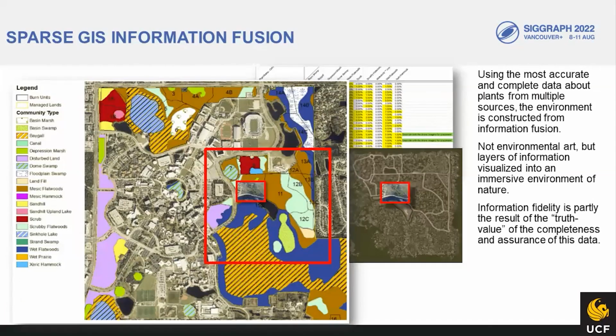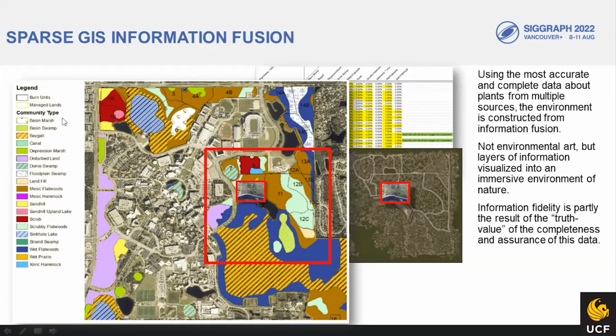How did we do this? So the main topic here is the process and the construction methods that we used that could be generalized to any environment. At the UCF Arboretum, we started off with a map of the Arboretum. And this is a typical GIS map where each color is indexed to a natural community type.